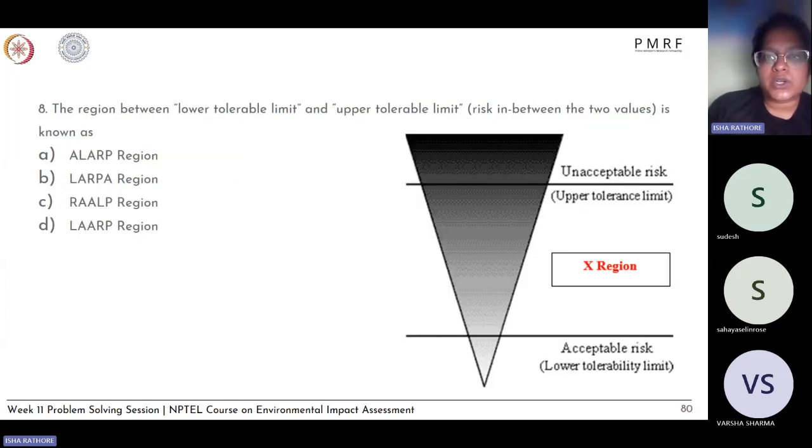The region between the lower tolerable limit and the upper tolerable limit, that is the region between the two values, is known as. So the X region which is marked, what is that region?